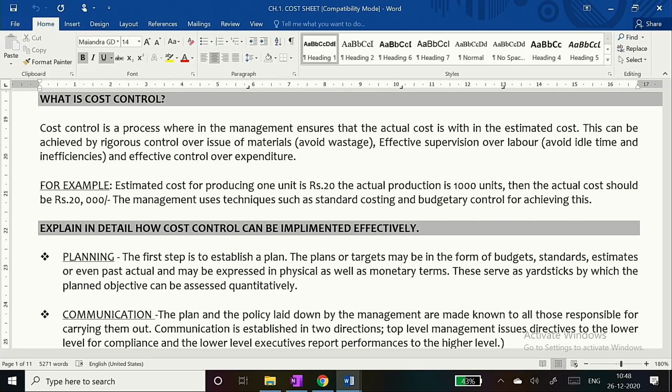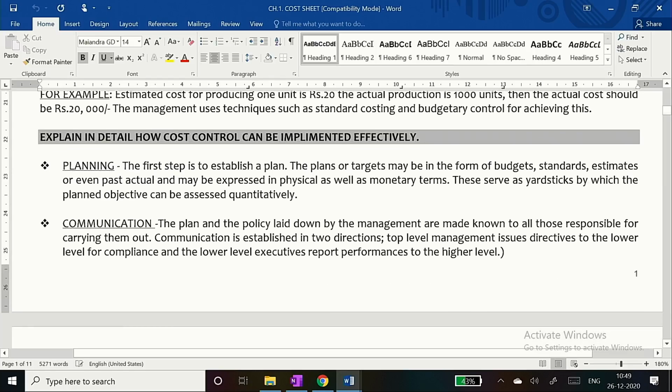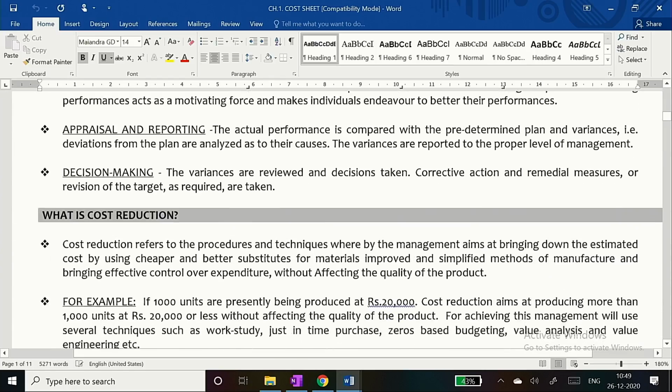For example, as I gave you already, the estimated cost of producing 1 unit is rupees 20. The actual production is 1000 units. Then the actual cost should be 20,000 rupees. The management uses techniques such as standard costing and budgetary control for achieving this. Cost control can be implemented, we will talk about it later.